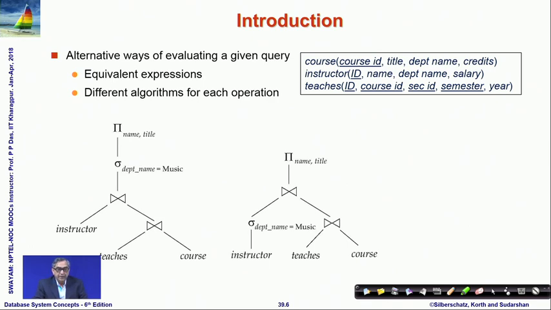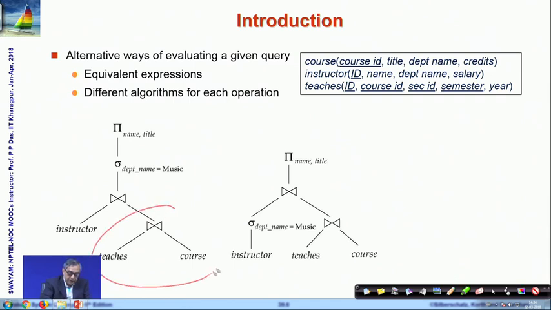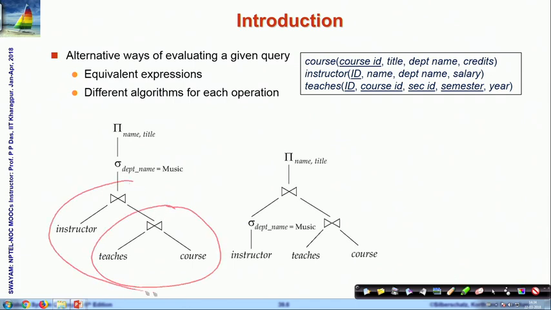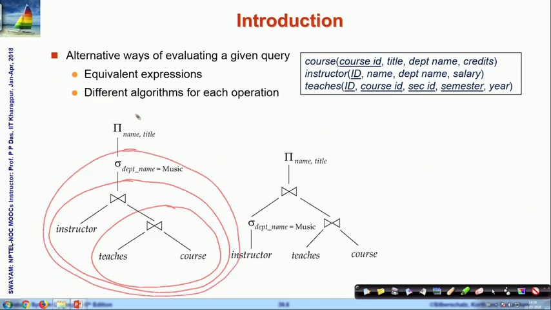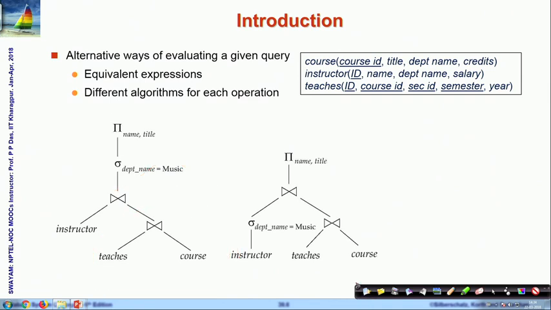If we write the query in equivalent relational form, this is what we will get to see. The first join happens here, then the next join, next the selection, and finally the projection, which will give us the result of this query. Now, what we observe is that the department name should be music.